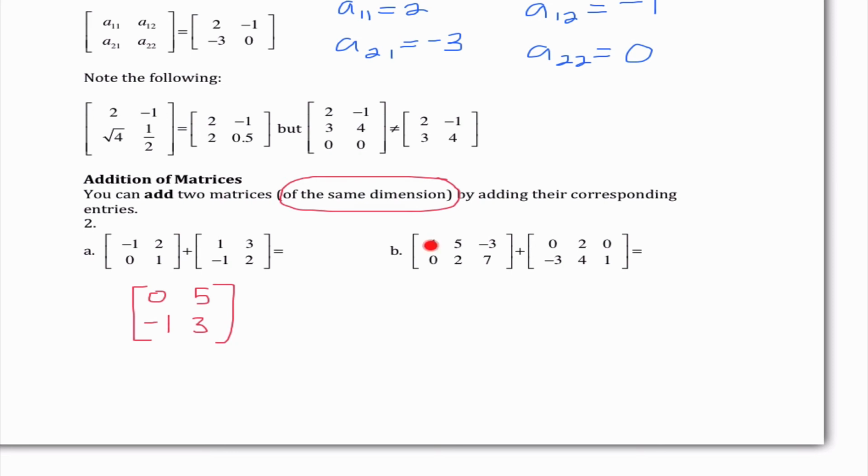In our next one, 1 plus 0 is 1. 0 plus negative 3 is negative 3. 5 plus 2 is 7. 2 plus 4 is 6. Negative 3 plus 0 is negative 3. And 7 plus 1 is 8. Okay, so don't make adding matrices any harder than it needs to be.